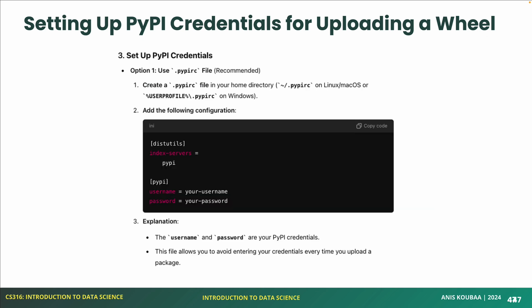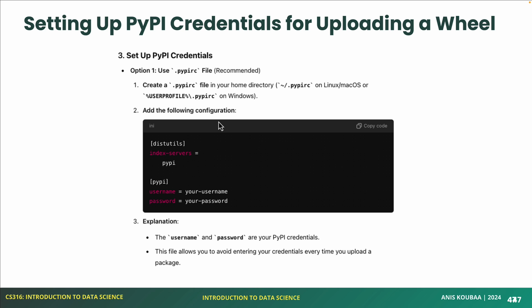There are two different ways to provide your credentials. You can use a hidden file called .pypirc, and here you can specify that you want to use index server PyPI, and you provide your username and password, those that you used to create your account on the PyPI website. In this case, you don't need to provide the same credential information each time you want to upload to the PyPI servers.